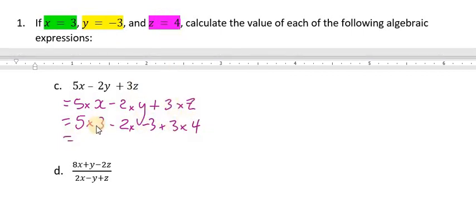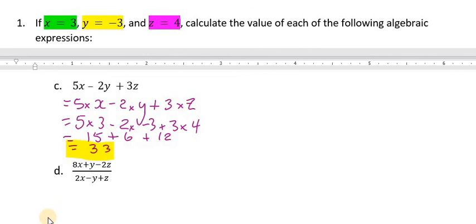So 5 times the value of x, which is 15. Negative 2 times negative 3, that's positive 6. And 3 times 4, that's 12. Now 15 plus 6, that's going to give us 21. And 21 plus 12, that's 33.